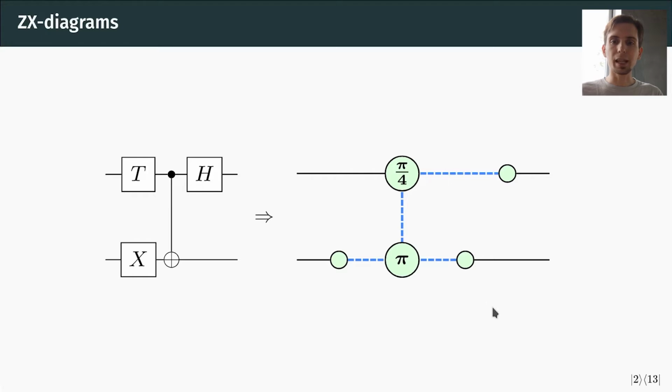Although this may seem like it adds a bit of complexity to the diagram, it lets us only work with a single kind of spider during optimization. Another point to note is that the diagram can be freely deformed. We only care about the topology, so we can move all the spiders around without changing the interpretation of this diagram.